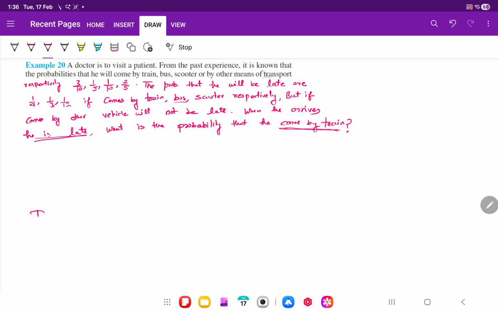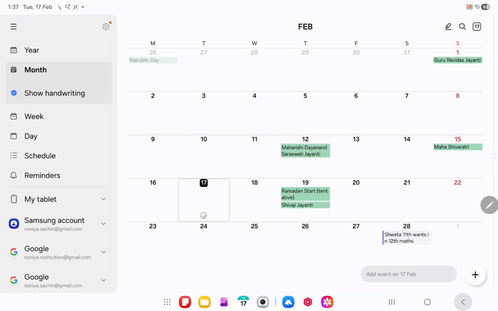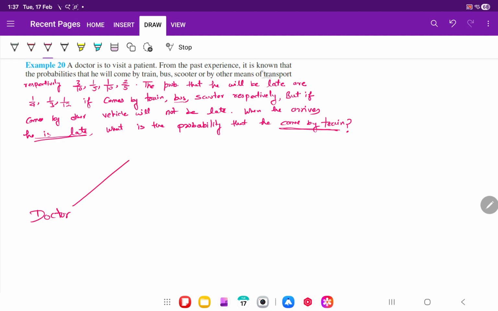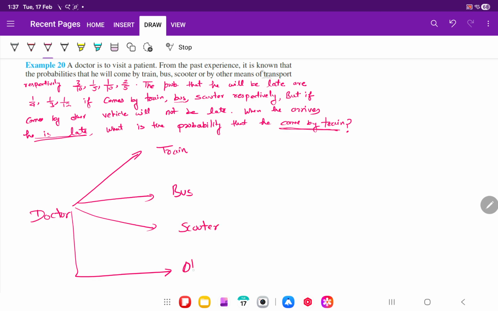So let's write down doctor. The doctor can come by 4 possible vehicles. The first vehicle is train, next is bus, or maybe scooter, or maybe other.